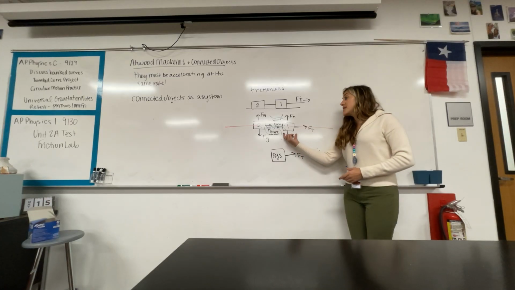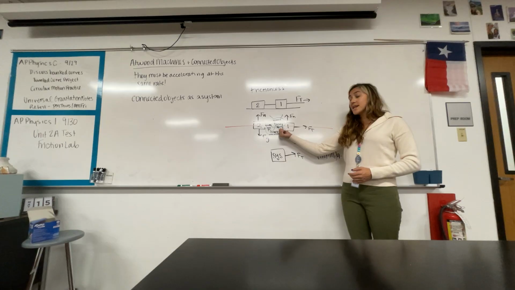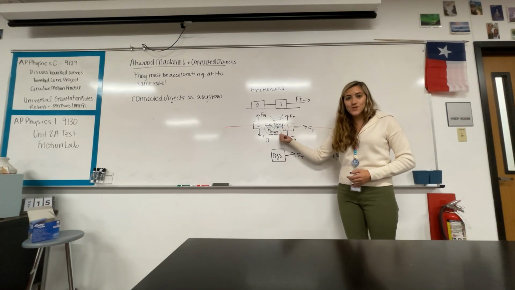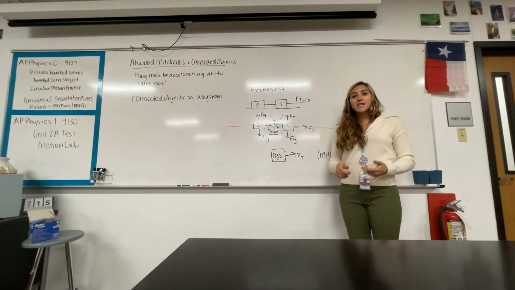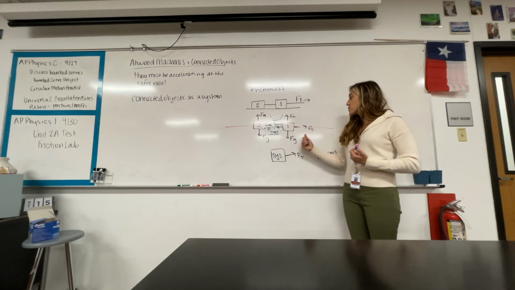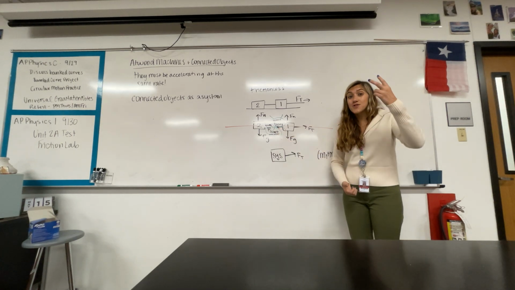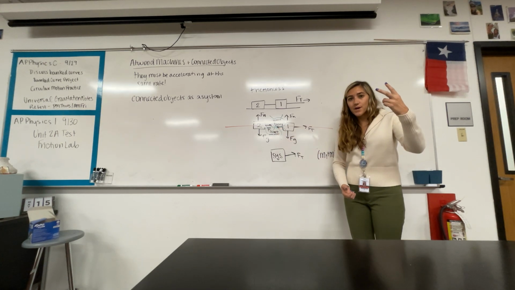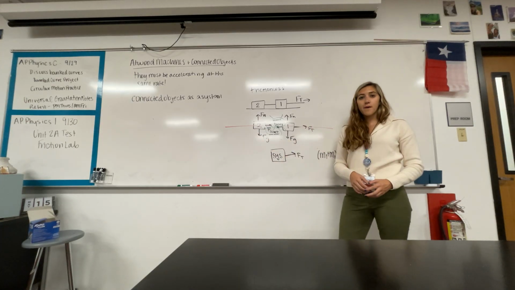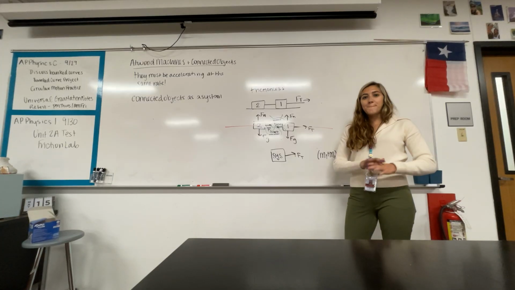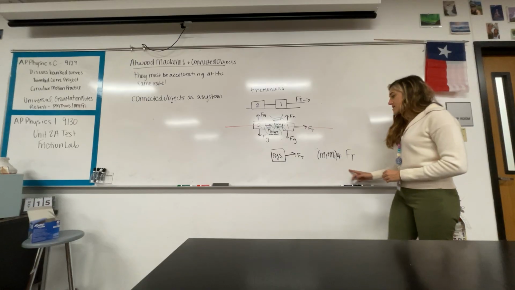If I draw out this F net equation for 1, it would be equal to Ft minus F2 on 1, which I still don't know. Even if I know Ft, now I've set MA is equal to Ft minus F2 on 1. I again have 2 things I don't know. So I can't solve either individual free body diagram or F net equation by themselves. That is why we go through this process.